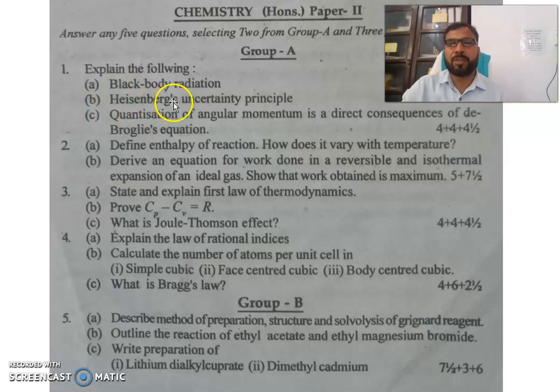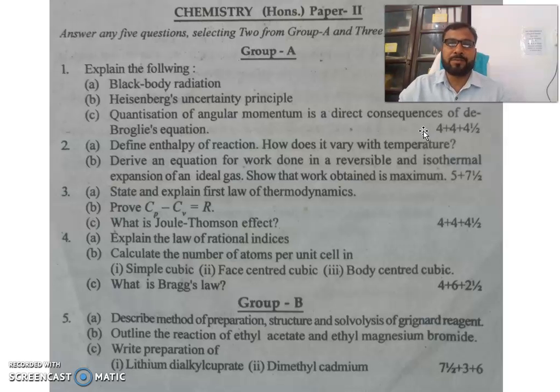Suppose you write black body radiation and Heisenberg uncertainty principle, the full marks is 8. But if you explain nicely, then you will get the 8 marks. Otherwise, you will not always get 8 marks. It depends on your examiner, and it depends on you, how you write and how your examiner is satisfied.